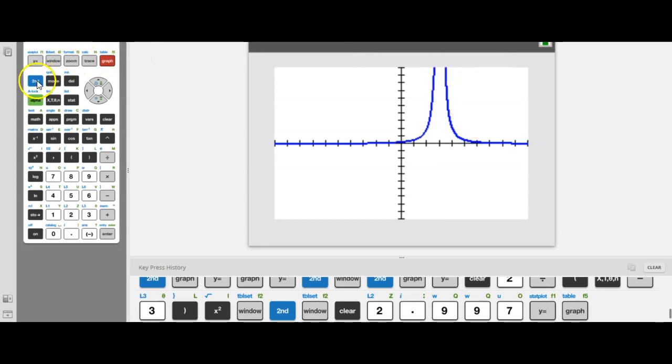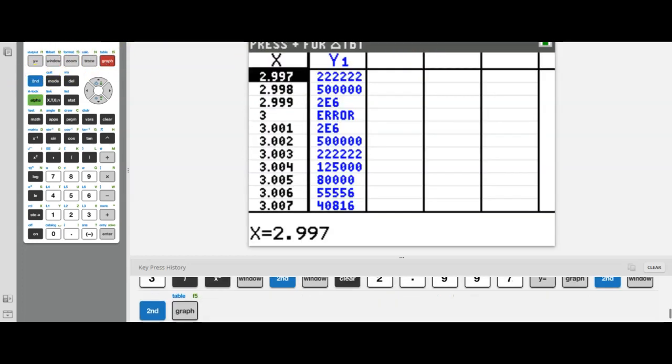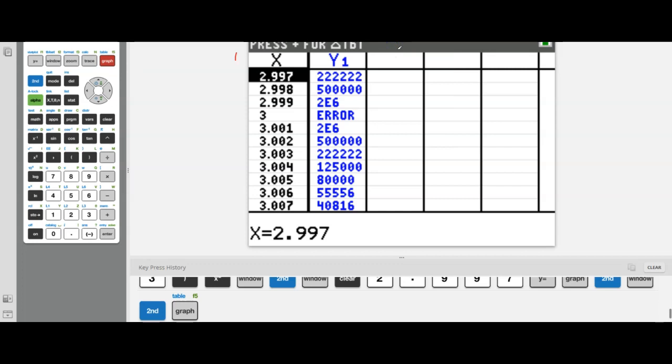Another representation. I have already entered where I want to start my table at, just to the left of 3. I'm going to increase by thousandths again. So then second graph. And this looks a little different than what we may have seen before, but as the function approaches 3, we can see that these numbers are increasing. Now, if the calculator runs out of digits, we just see this e to the 6.